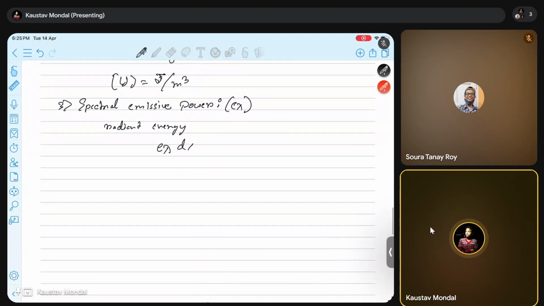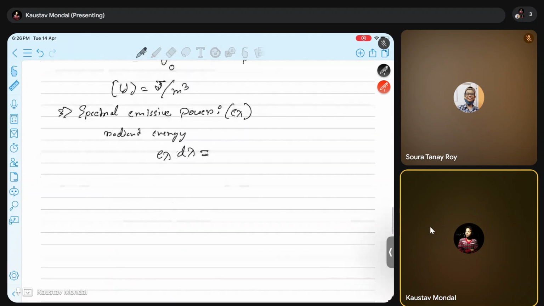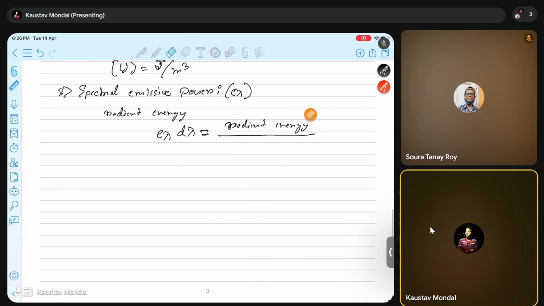E lambda d lambda is the radiant energy per unit surface area per unit time in the range lambda to lambda plus d lambda.